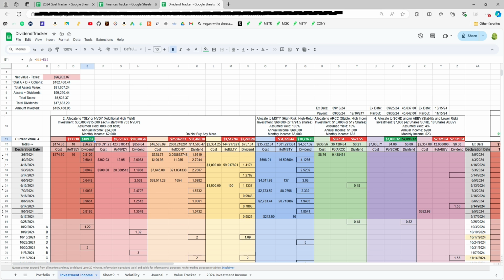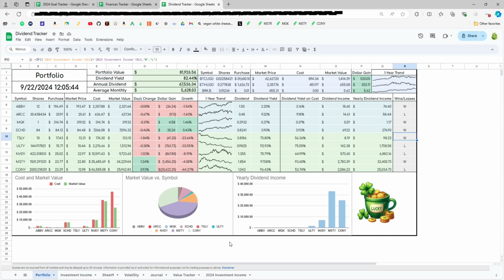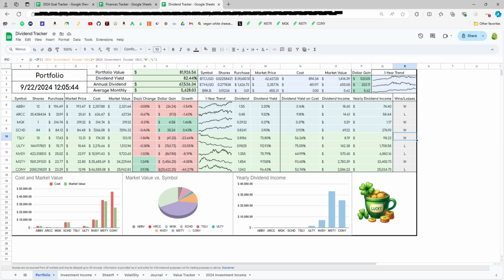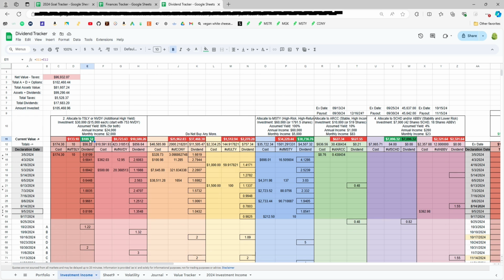So going back to my portfolio page, you can see Tesla is a win. And that is because on my income tab, it is green because I made enough in dividends that the total surpasses the amount that I paid.